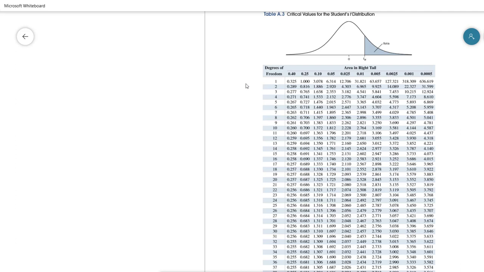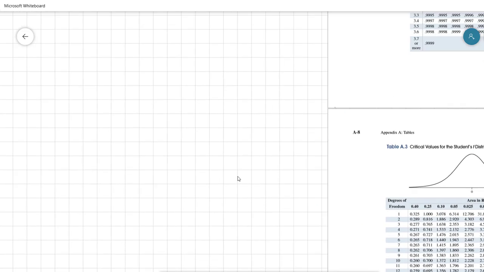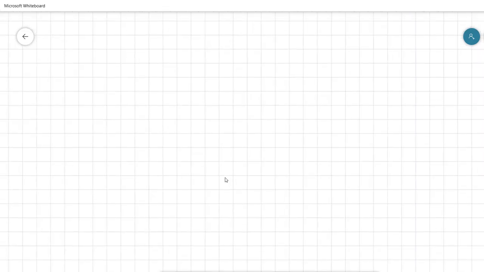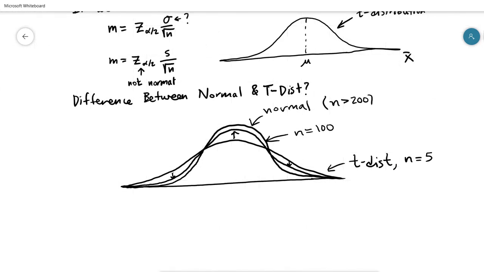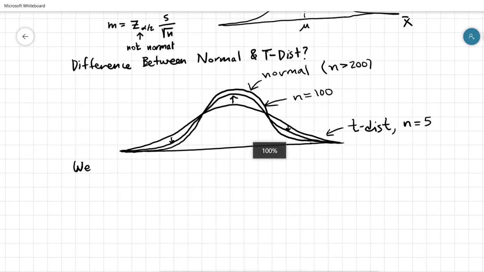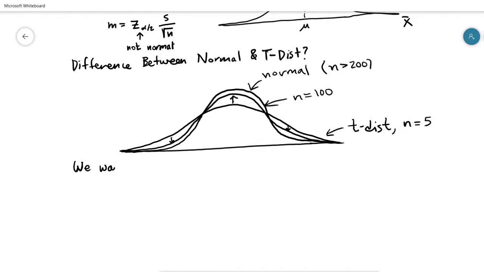There's just one thing that we need to keep in mind. We're going to come back and look at this table in just a minute, but that's what we're going to be doing for problems of this nature. So we want to know which t-distribution to use.